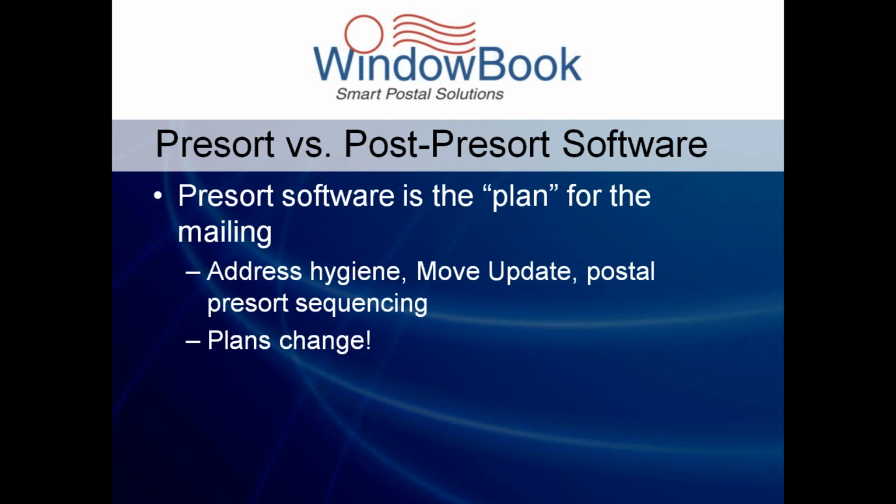Although we understand and recognize that PreSort software is very powerful and a very necessary part of the overall mailing process, we also know that the initial PreSort plan can, and usually does, change, sometimes right up until the mail is being physically prepared.